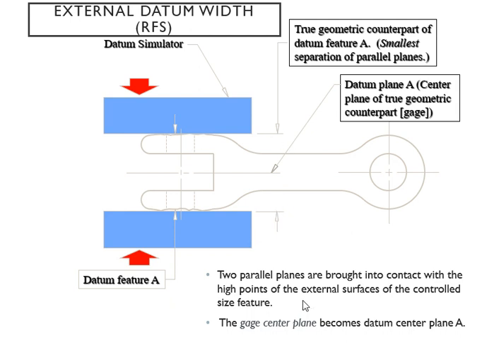So why do we have to be like that? External surfaces, it's got to be the smallest separation of the parallel planes, because it's got to be the true geometric counterpart of that datum feature. That's why. So just remember the counterpart, the other one, not the one.